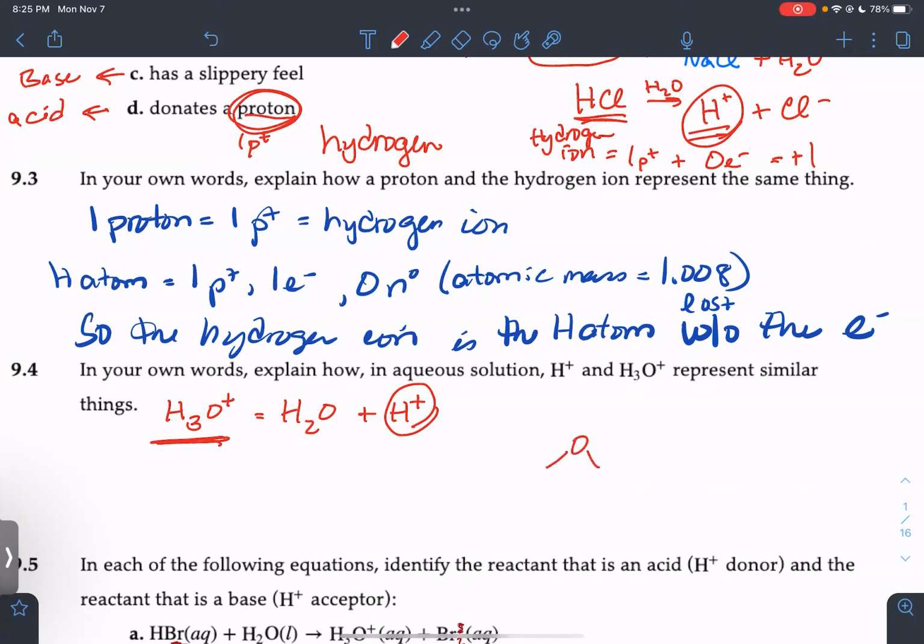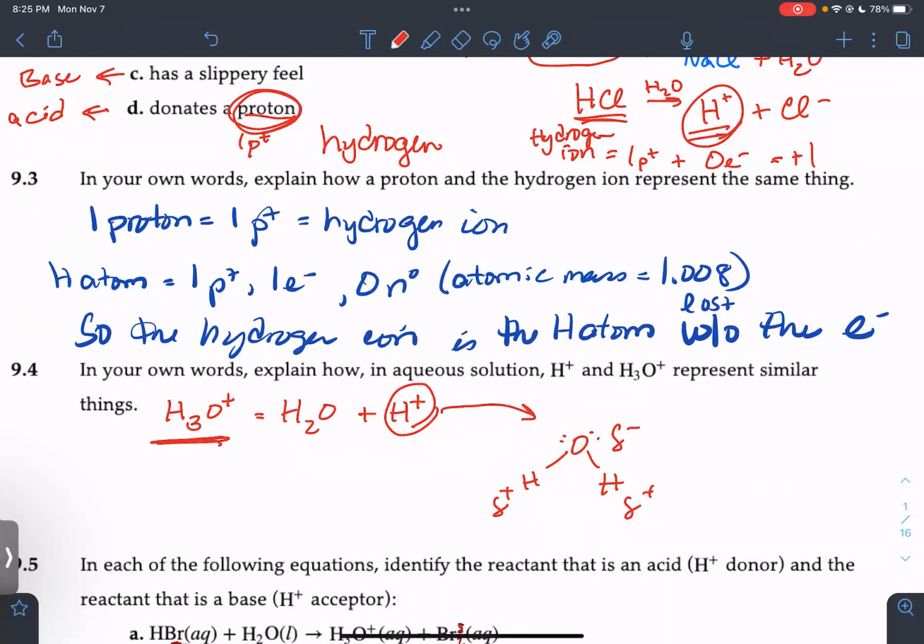We have this molecule with 2 lone pairs. We have a partially negative oxygen and partially positive hydrogens. And so that polarity attracts anything positively charged, right?